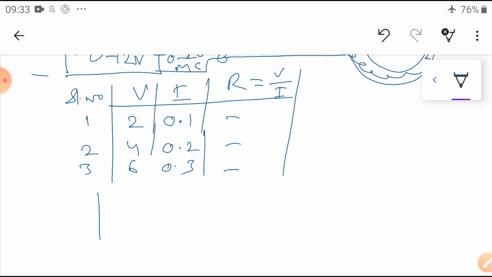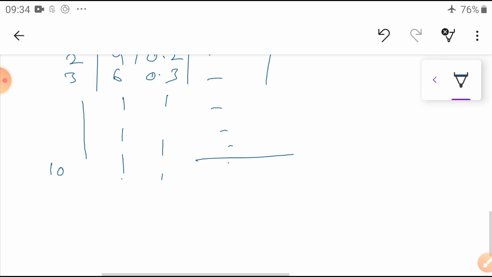Similarly, you can take nearly 10 readings. Then you calculate these values from the readings. Finally, you average them. For example, the average may be 0.864 ohms.